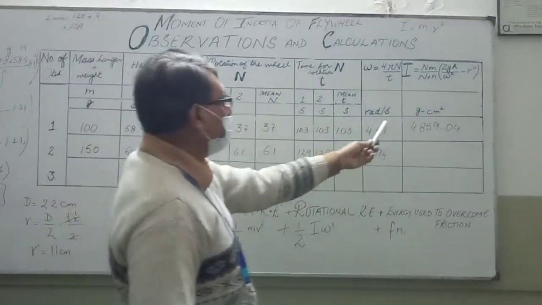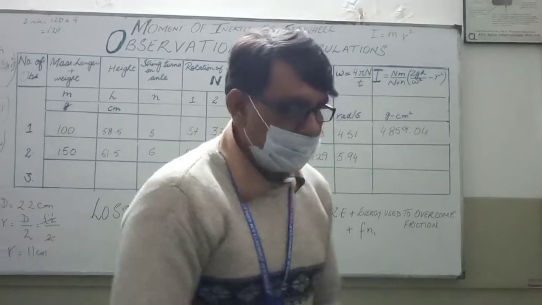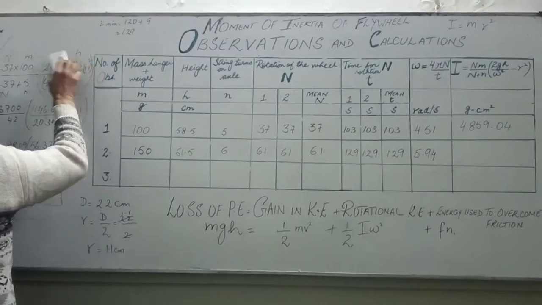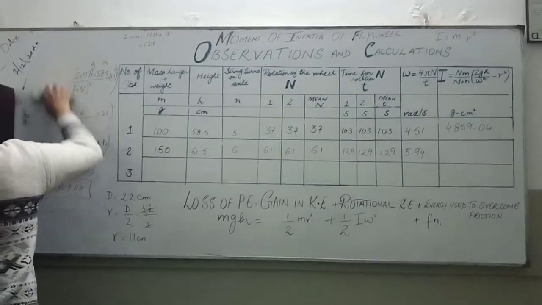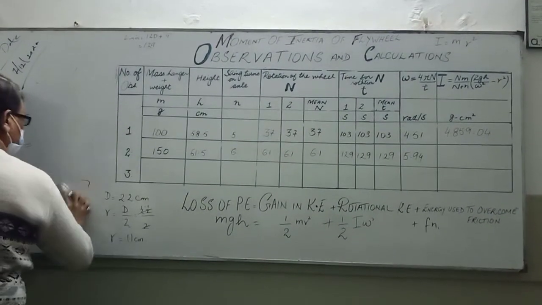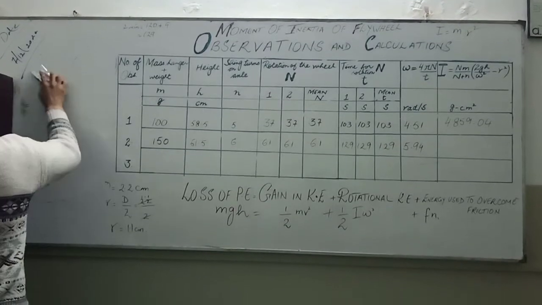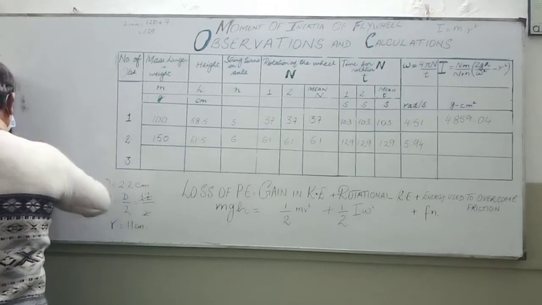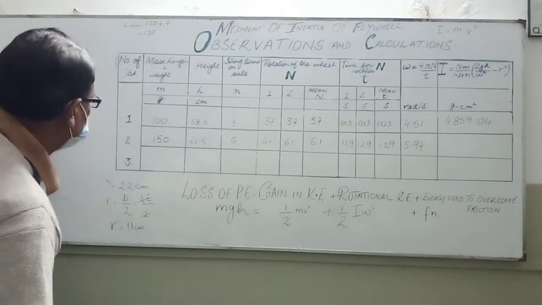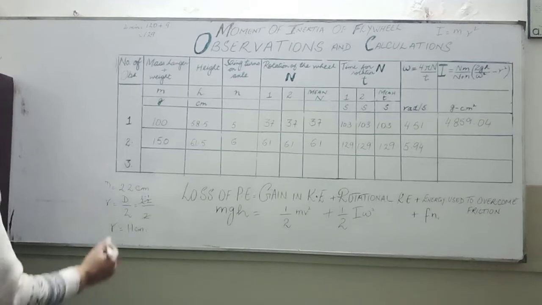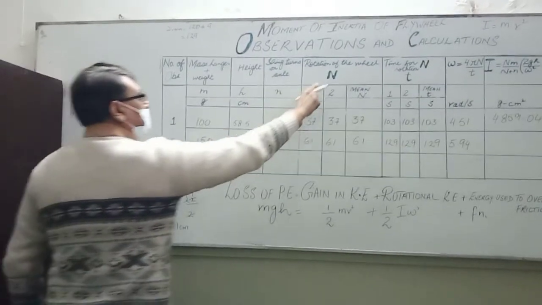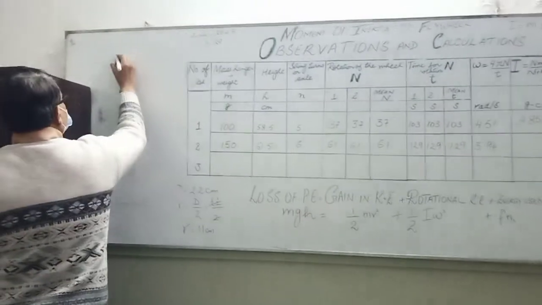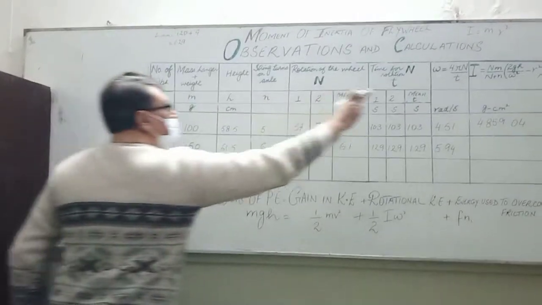The same procedure we will do with the help of the formula. Again, I am going to write the values. How many n? This is capital N. The formula is written over here. How much n now? 61. How much m?